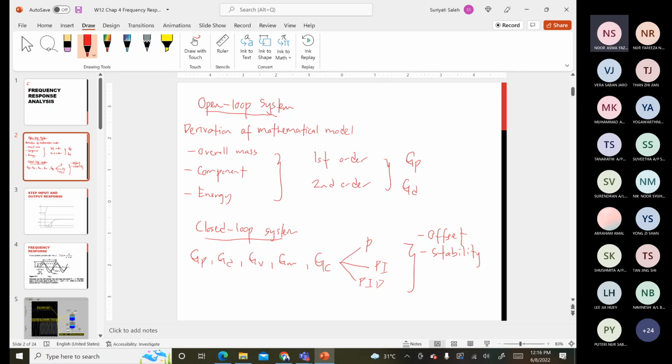Or do you have a stable system or you don't have an unstable system? So this is the requirement for the closed loop system when we have the offset and stability. And of course, if we want to calculate the controller parameter, then you can include it as a tuning method.